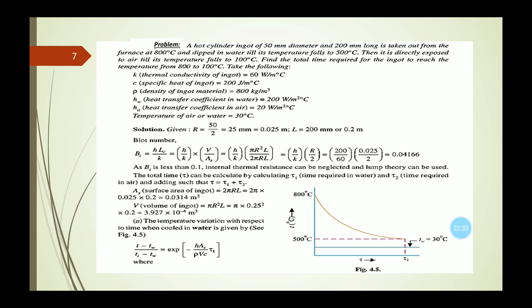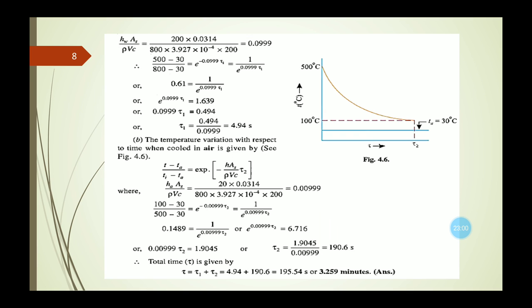Now for the ingot, the surface area is 2 pi R L, it is 0.0314 meter square, and the volume of the ingot equals pi r square L. The temperature variation with respect to time when cooled in water is given by the formula of the lumped parameter analysis: T minus Tw by Ti minus Tw equals e to the power minus hA by rho V c multiplied by tau 1.